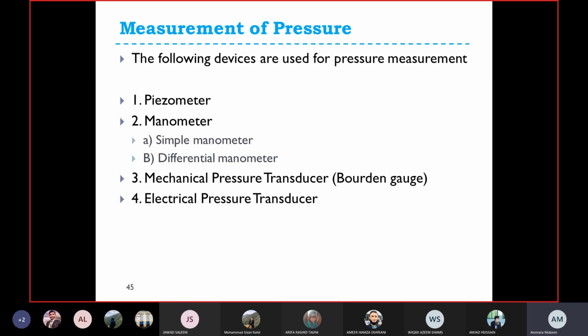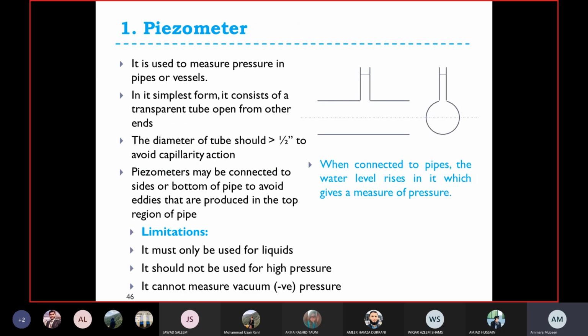The following devices are used for pressure measurement: piezometer, manometer, mechanical pressure transducer, electrical pressure transducer. So let's discuss piezometer. We need to measure the pressure in the laboratory using piezometers, or we need to measure the pressures in any system of pipes which has been installed anywhere for any reason.